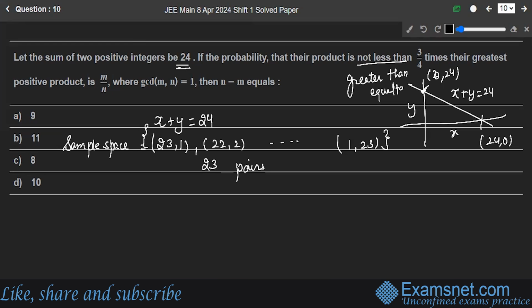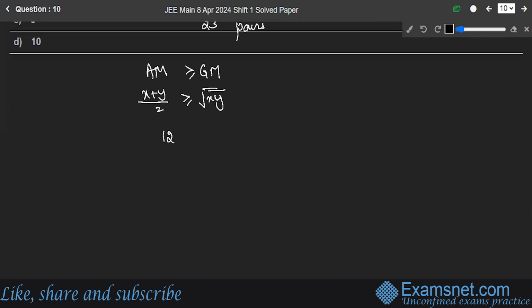So for the maximum product, you know that AM is greater than or equal to GM. AM is (x plus y) upon 2, greater than or equal to root of x into y, and this is 12 square. This gives you x into y is less than or equal to 144.